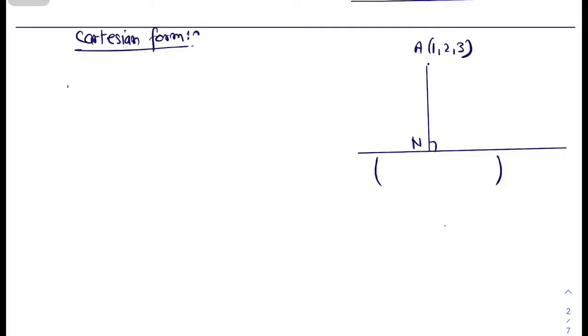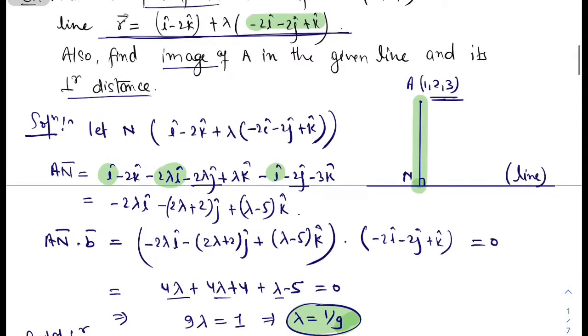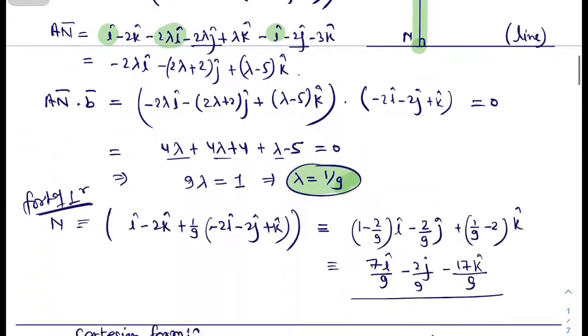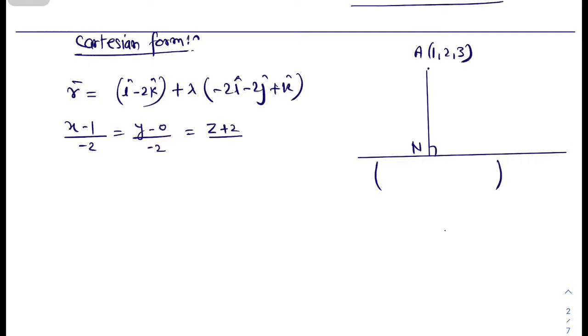Our line was r equal to i minus 2k plus lambda times (minus 2i minus 2j plus k cap). I can write this line in Cartesian form, in 3D form, as (x minus 1) upon minus 2 is equal to (y minus 0) upon minus 2 is equal to (z plus 2) upon 1, and that is equal to lambda.